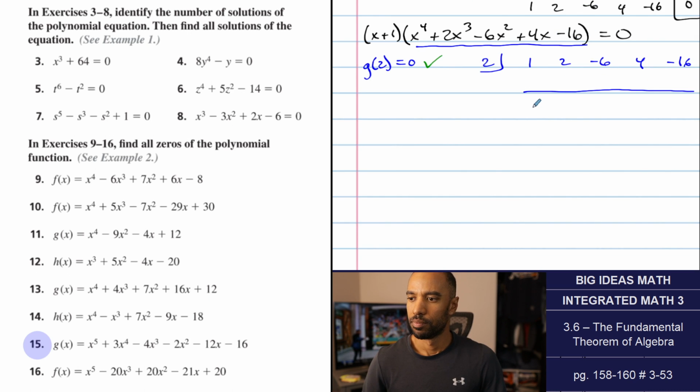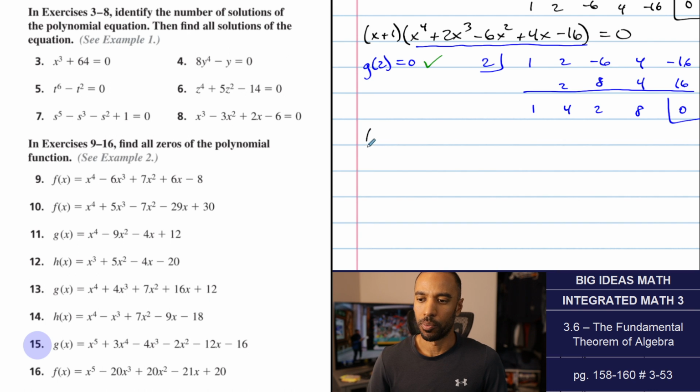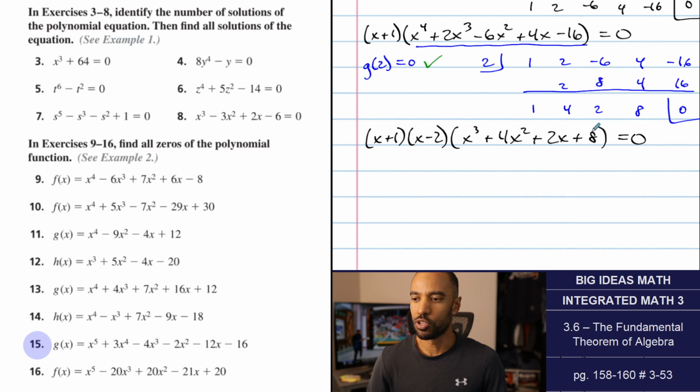Okay, and that's factorable by grouping going forward, which is awesome. So x plus 1 times x minus 2 times x cubed plus 4x squared plus 2x plus 8. Let's see if you can do this mentally with me, given that these are 4 times larger, right?